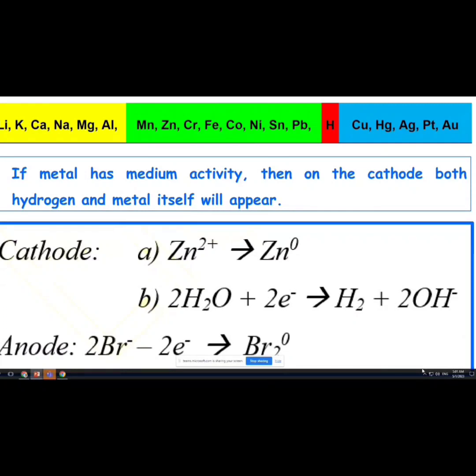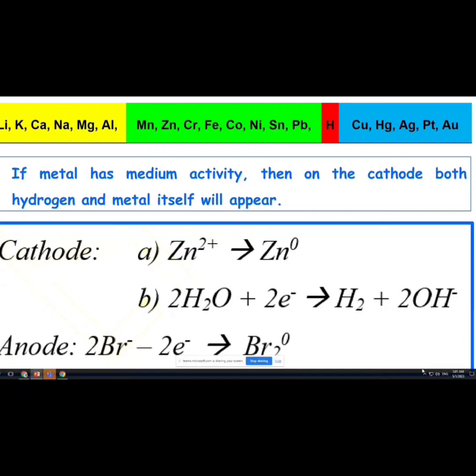Let's see what happens on the anode. Bromine anions will go to the anode. We have two bromine anions. The anode is plus, the anion is minus 1.